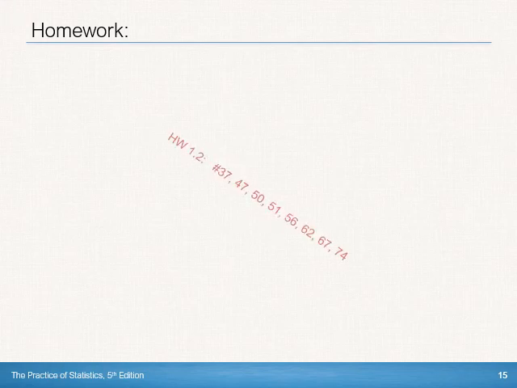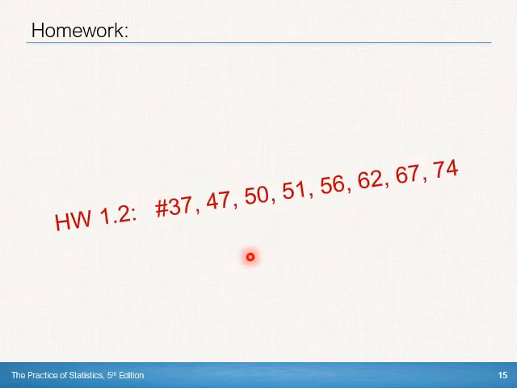All right, so your homework for section 1.2 is listed here. Remember that the homework exercises for each section do not start counting with 1 again. If you look back, the homework for section 1.1 was problems 1 through 36.